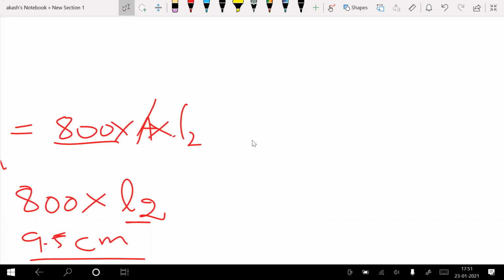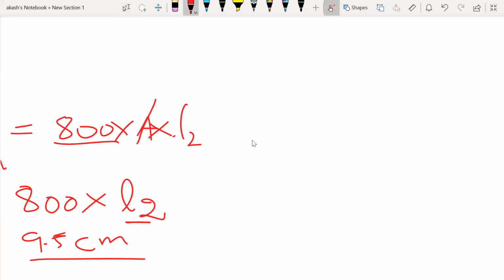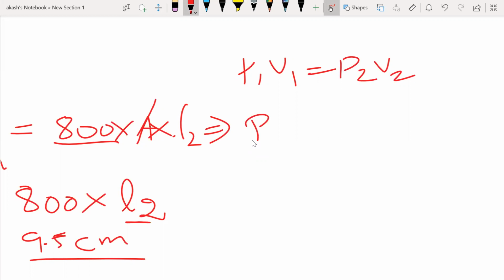Okay, again, it's just purely formula substitution of Boyle's law. P1 V1 equal to P2 V2. Now, say I don't know what was the initial pressure, but they have given me in terms of percentages. So if I keep P1 as some P and V1 as some V, they're telling the final volume and pressure are like this.